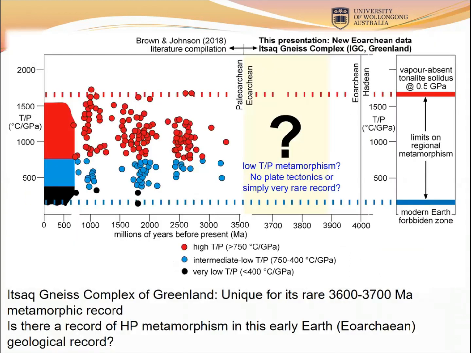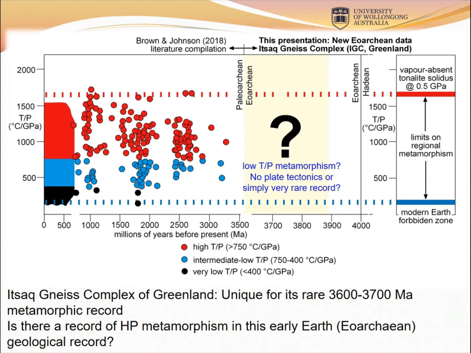So this is a very comprehensive summary of global metamorphism through time, done by Brown and Johnson, 2018, a very detailed study. And what we're going to look at is that big area of the question mark there in the Eoarchean, where they provided no information.